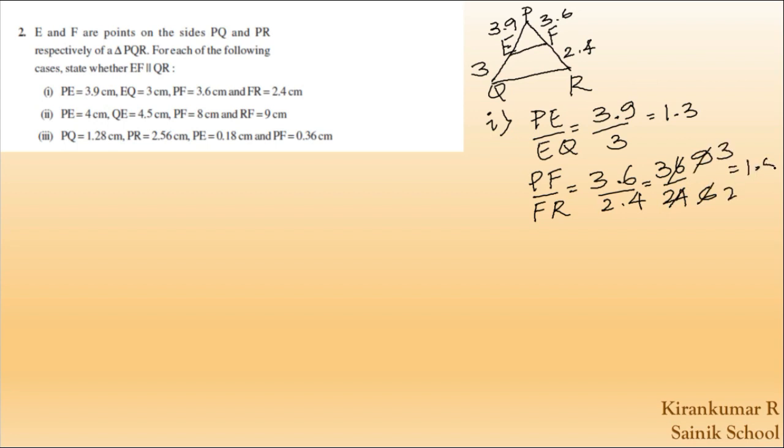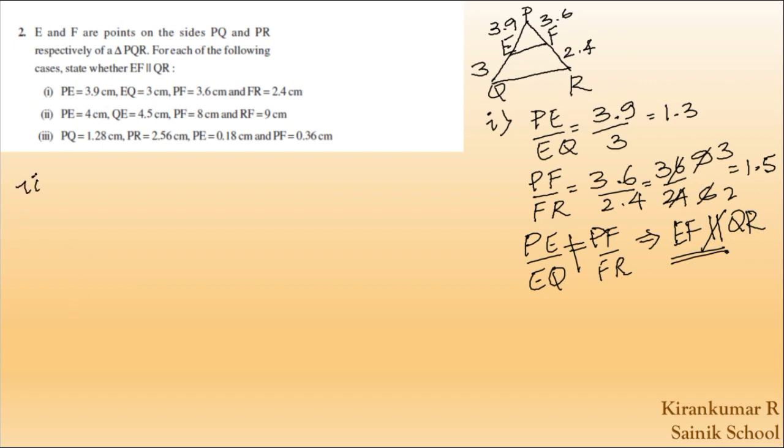We get it as 1.5. Here PE upon EQ is not equal to PF upon FR. This implies EF is not parallel to QR.